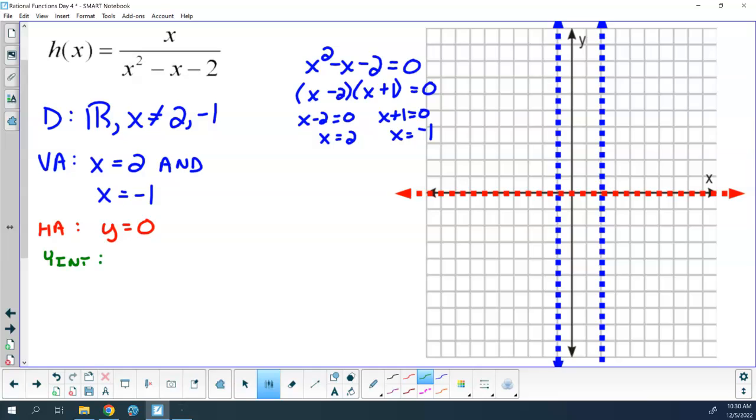Plug in 0. So we get 0 on top. 0 minus 0 minus 2 is 0 over negative 2, which is just 0. So it goes through the origin.